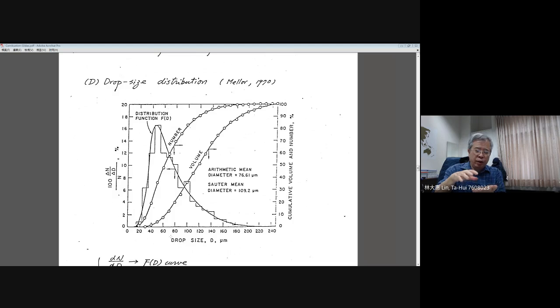Originally this is a plate coated by soot, the black soot, or some kind of carbon. With droplets impinging on it, you will have different kinds of points, maybe empty points or wet points. Then you measure the size of the different dots.